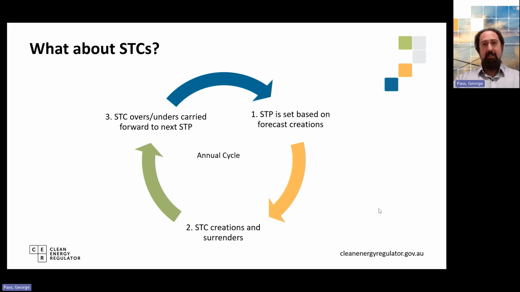And then any actual STC over or under creations for the year are carried over to the next year when determining the next year's small-scale technology percentage. What this means is that the STC market is effectively a closed loop because all STCs go towards mandatory obligations. And that means there's no STCs left over for the voluntary market.